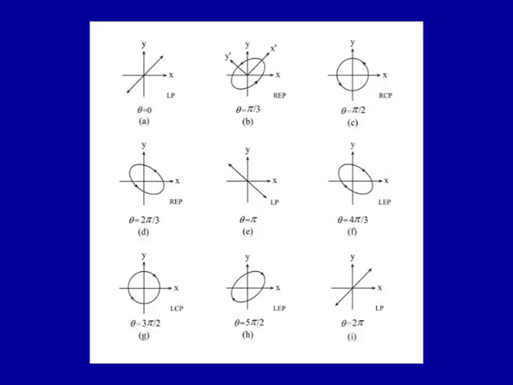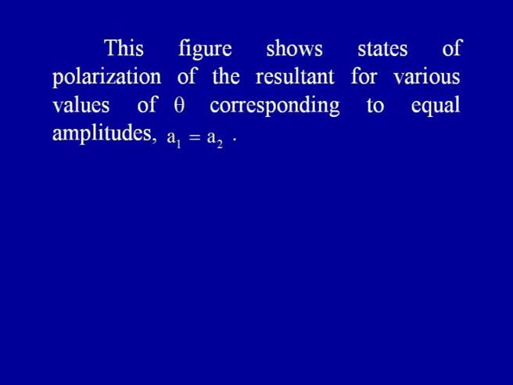Theta equal to 0, pi by 3, pi by 2, 2 pi by 3, theta equal to pi, 4 pi by 3, different values up to a value of 2 pi. So, a complete range of theta varying from 0 to 2 pi, corresponding to the simpler case when the amplitudes are equal, A1 is equal to A2. We shall consider these cases in a little more detail.